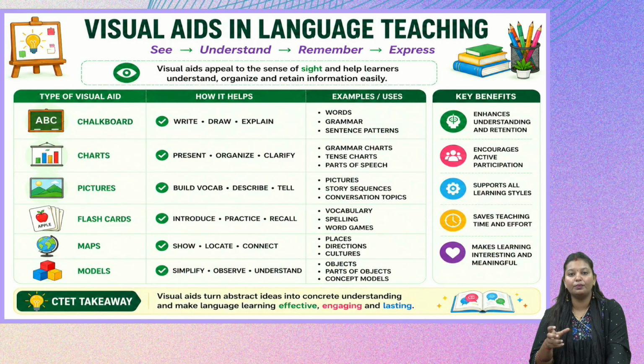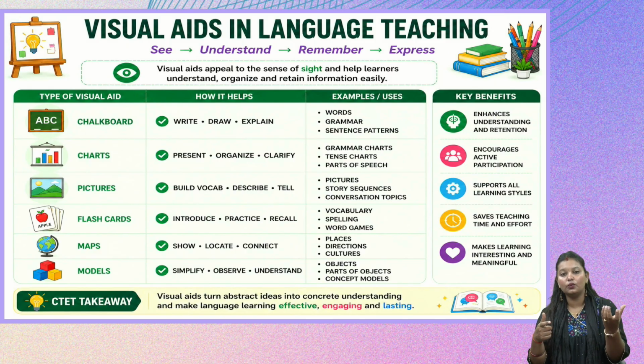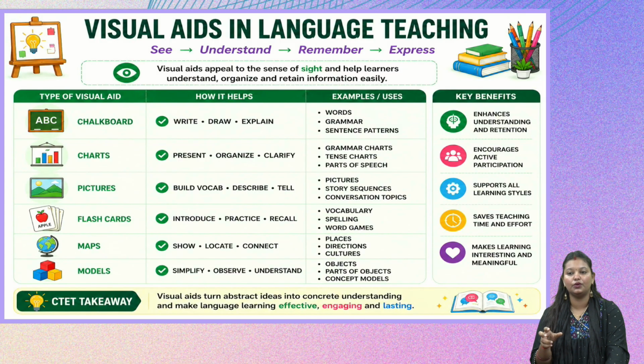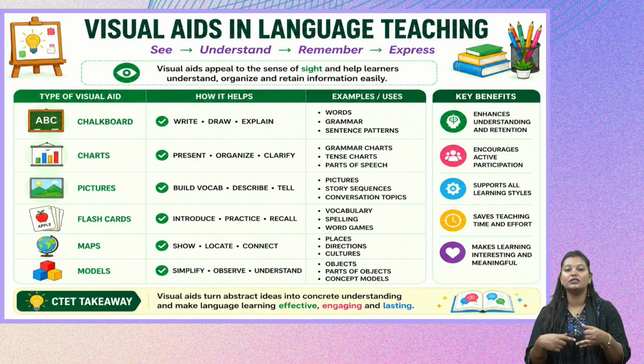And when it comes to pictures and flashcards, it becomes very important for us to remember that whenever we are associating a word with a picture, the retention of it is better. So the various benefits of using visual aids would be: it will enhance our understanding and retention, it encourages active participation, it supports various learning styles, and it also saves teaching time, because if you have to explain some abstract concepts without a visual, it becomes very difficult.